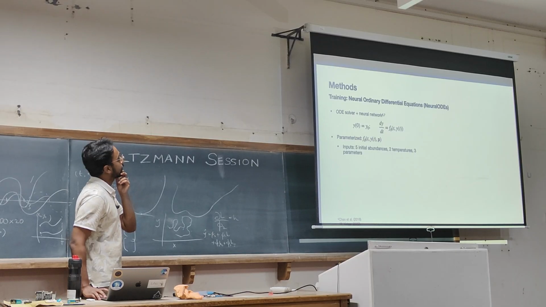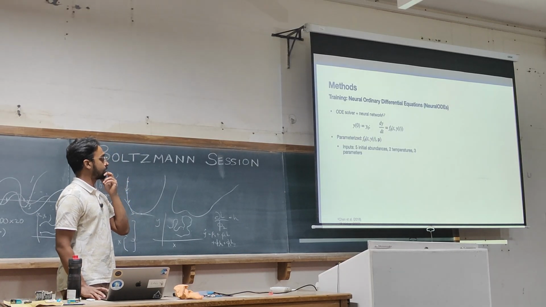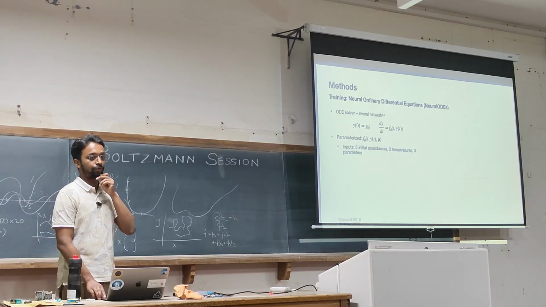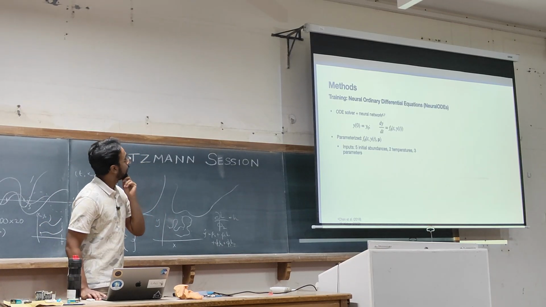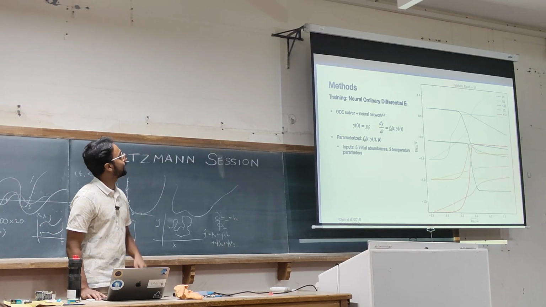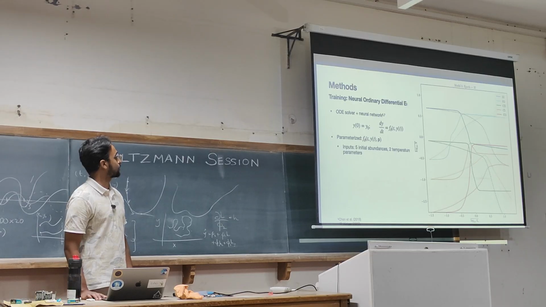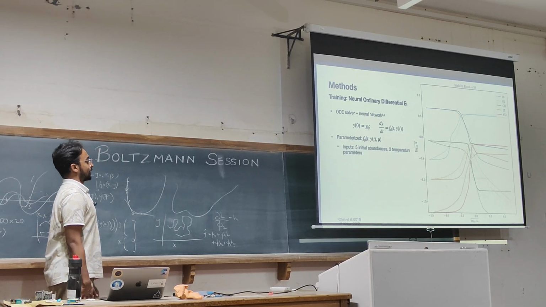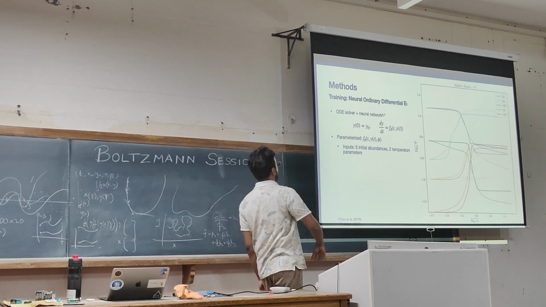I used abundances of 5 species, 2 temperatures, and 3 of those parameters that I talked about. And this was a video that I made about how the training process looks for those 5 species. You can see that there is a lot of oscillation happening.